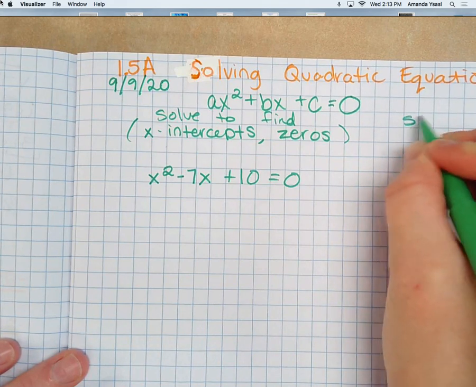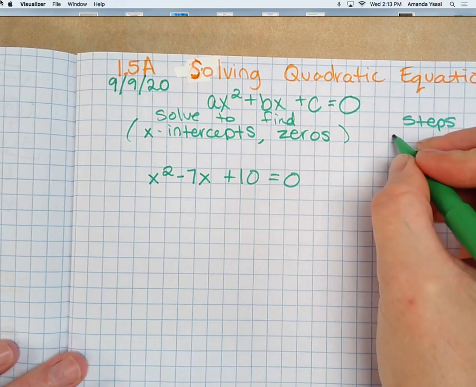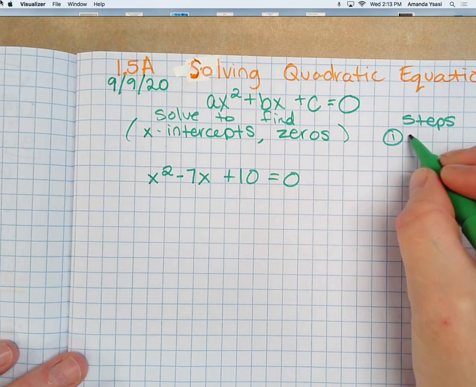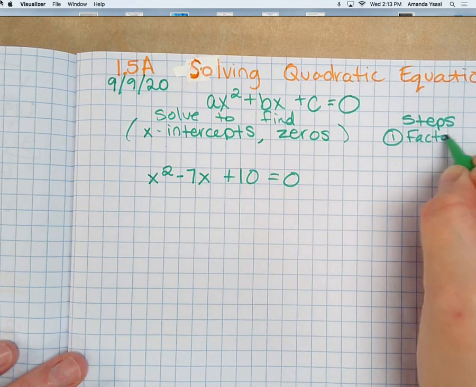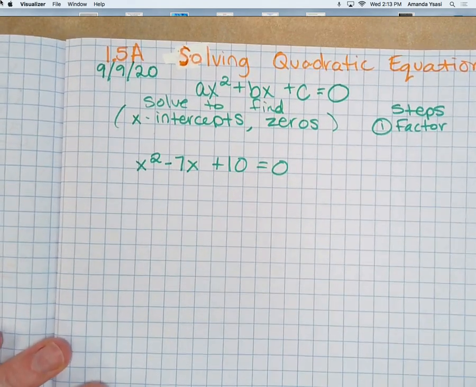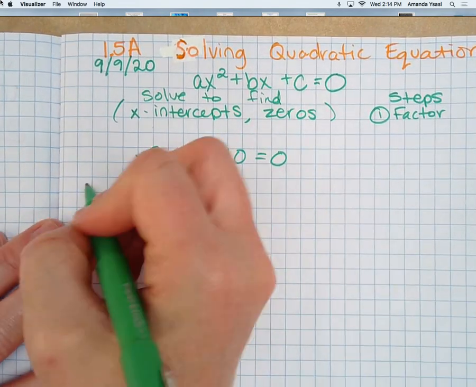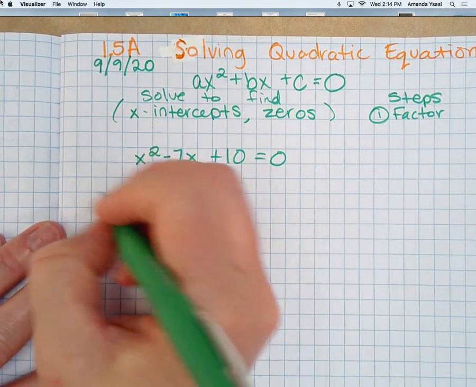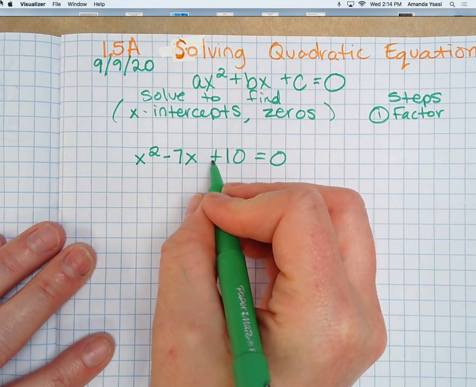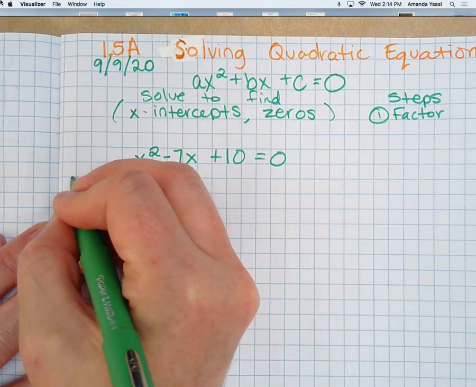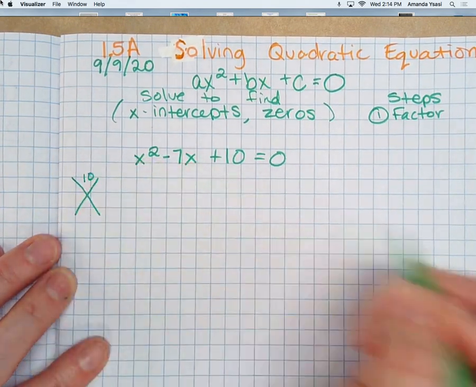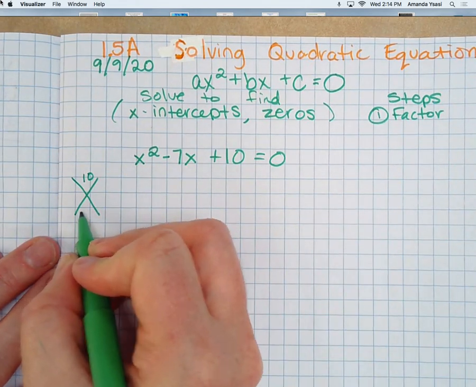So the steps to solve would be to factor first. We did a review on factoring with chapter P. So remember that we would get a product of 10, with a sum of negative 7.